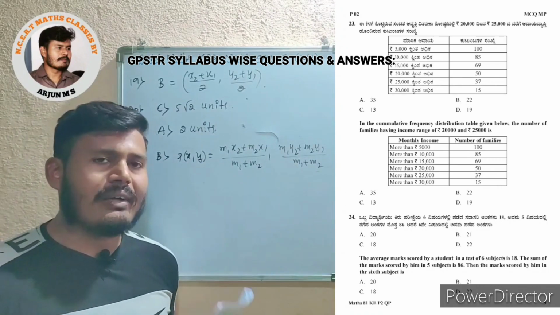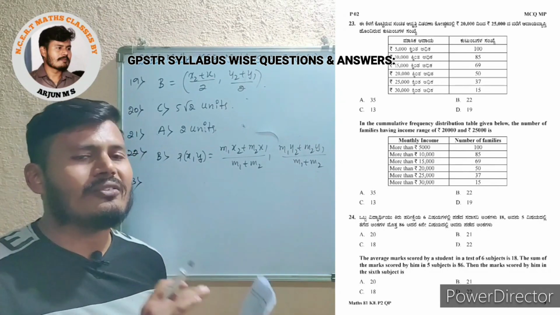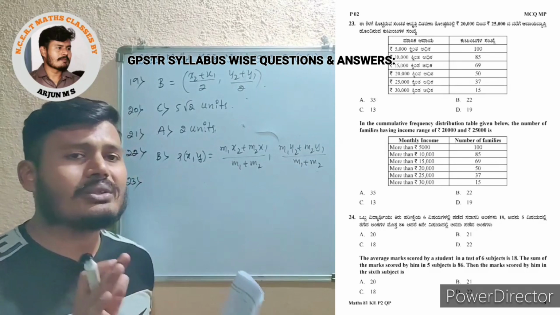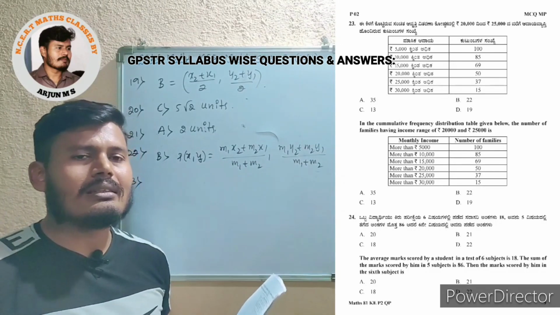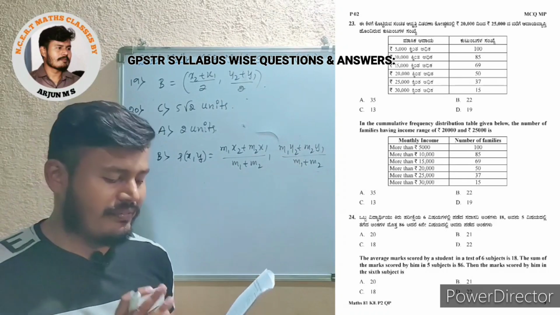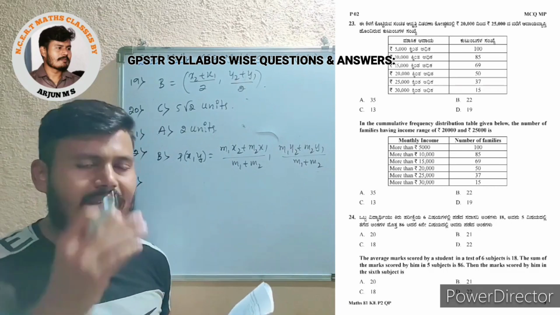How can you write the frequency when they have given the more than cumulative frequency? First of all, you should convert the more than type into regular class intervals and write down the frequencies here.